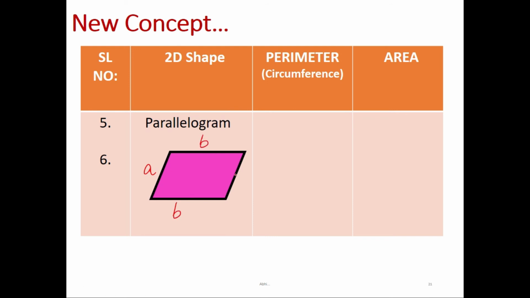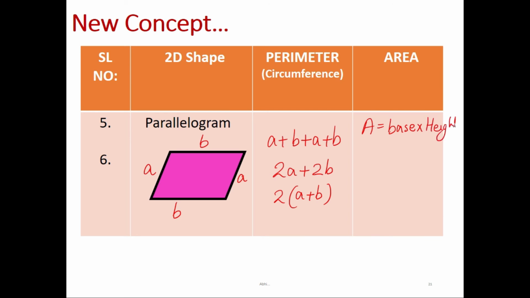Now, if you have the sides of the parallelogram given to you, the perimeter is going to be the sum of all sides, which is again 2A plus 2B, or 2 times A plus B. The area of the parallelogram can be given by base times height.